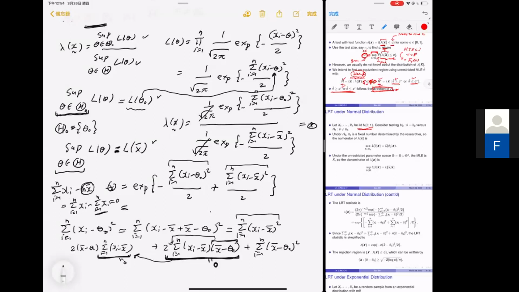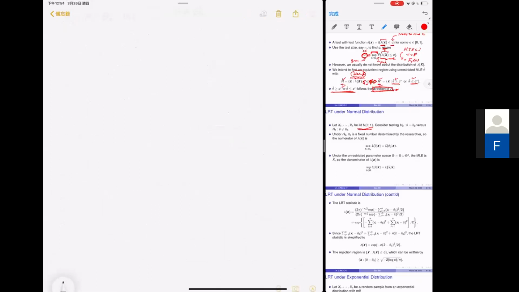And this guy right here, I can write as n times x bar minus theta 0, then squared, because there's no i inside the summation. I can pull that out, so I have n times that single guy. Good. To simplify this, I don't have space, so I'm going to use another page right here.